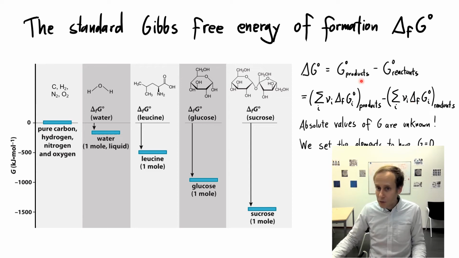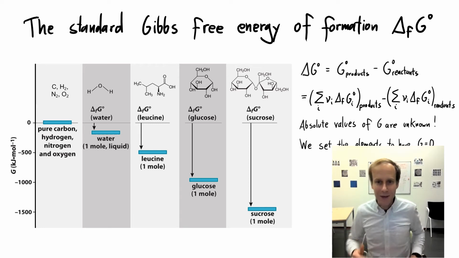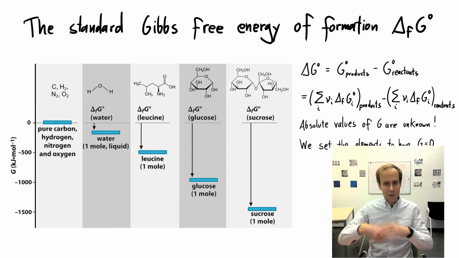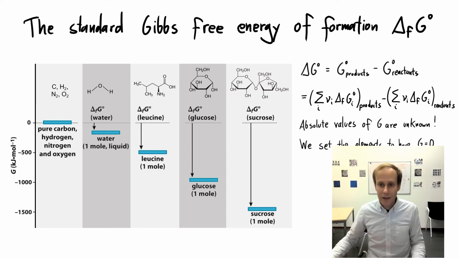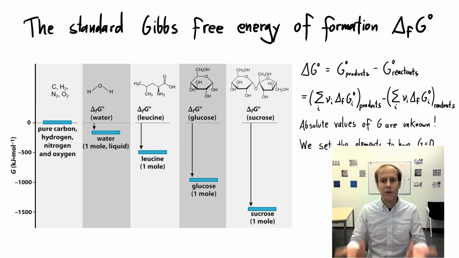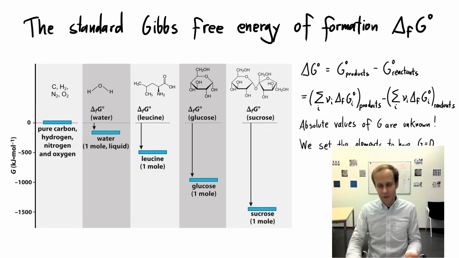So if you want to know the free energy change of any chemical reaction, you just need to find out the values for the free energies of formation of the reactants and products and then execute this formula and you will get the value for the free energy change of the reaction. Let's look at an example.